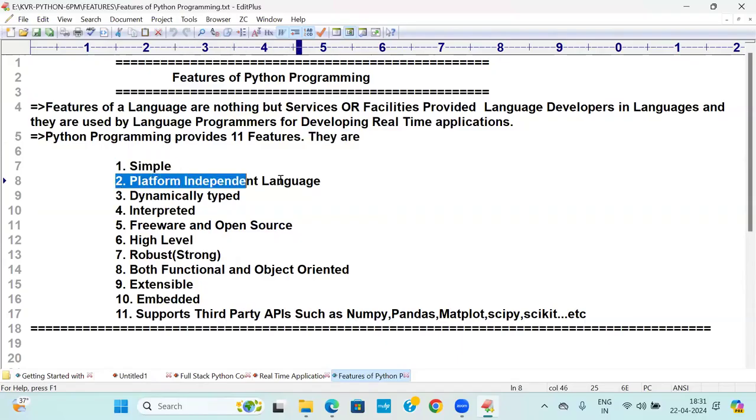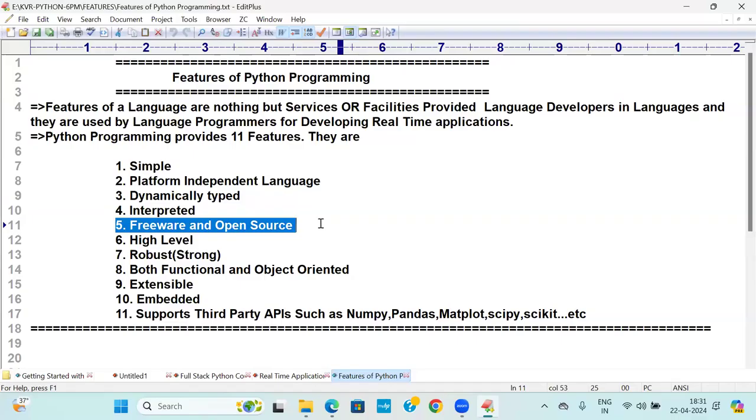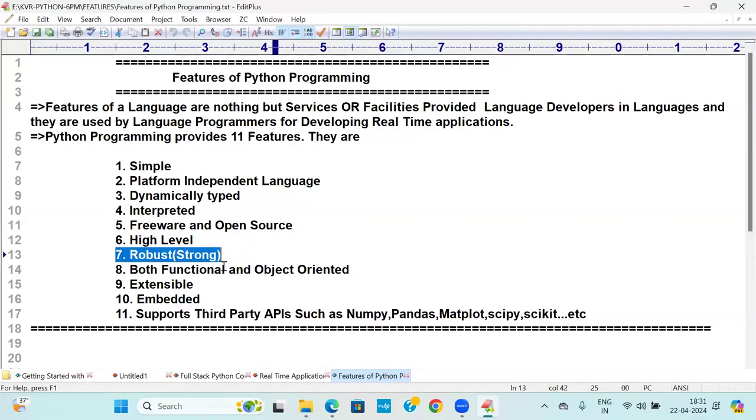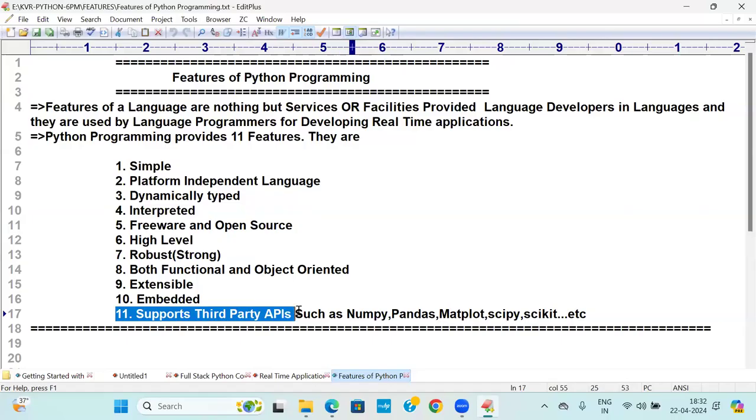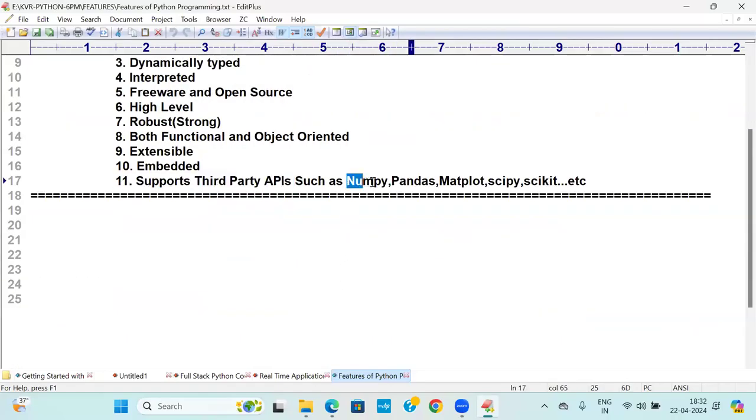Simple, platform independent language, dynamically typed, interpreted, freeware and open source, high level, robust, both functional and object oriented, extensible, embedded, supports third party APIs such as NumPy, Pandas, Matplotlib, and next is SciPy, Scikit, Keras, NLP, so many things are there.